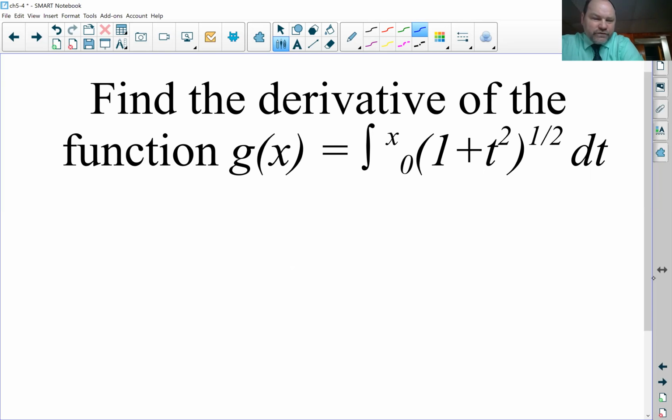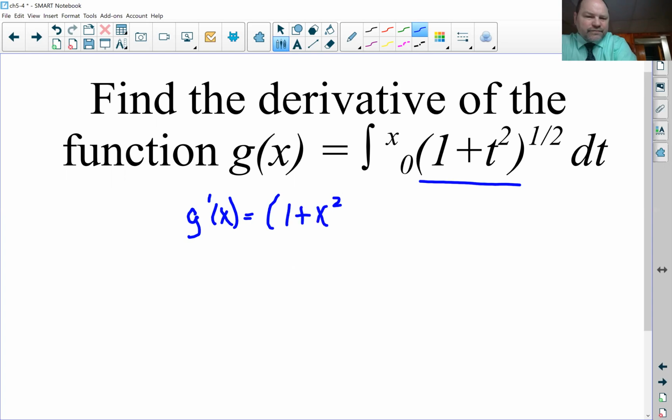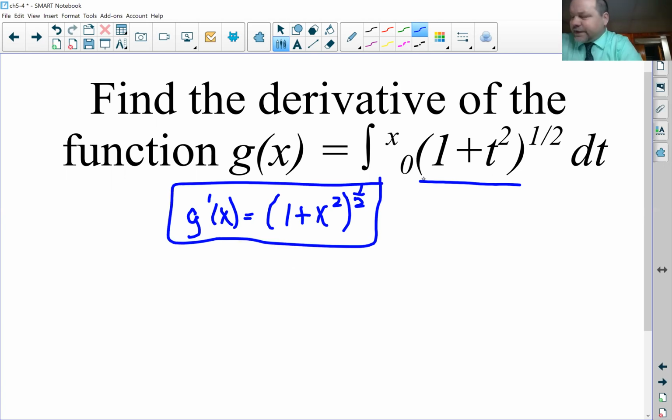And to find g prime, a couple of things. The x has to be the upper limit in our integral, which it is, so that helps. We're going to take everywhere in our integrand that we see a t, and replace it with x. And that's it. That's our answer.